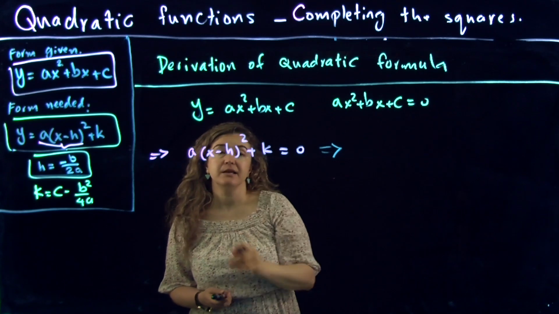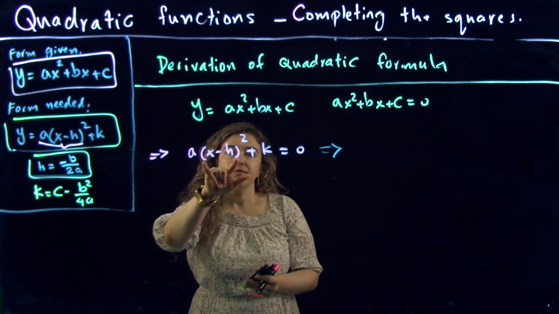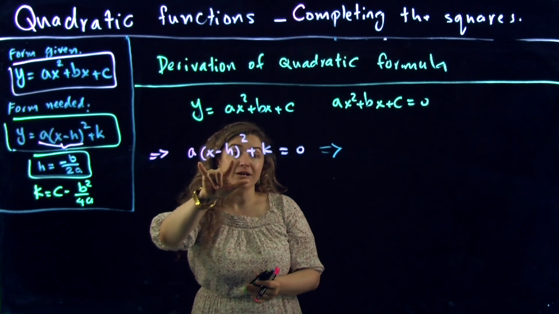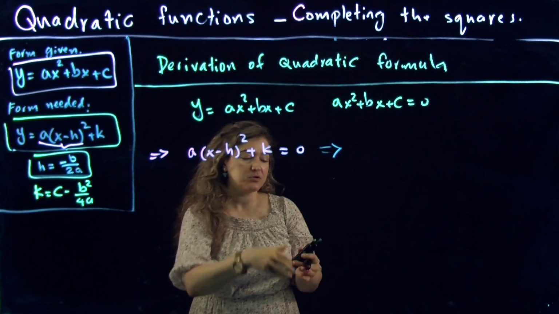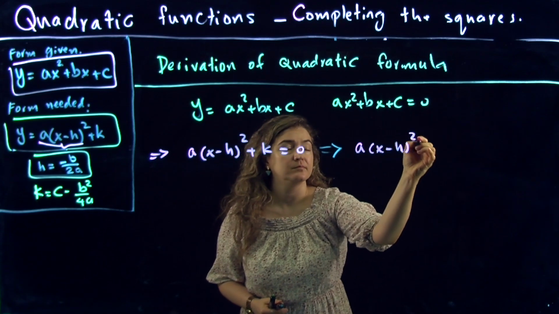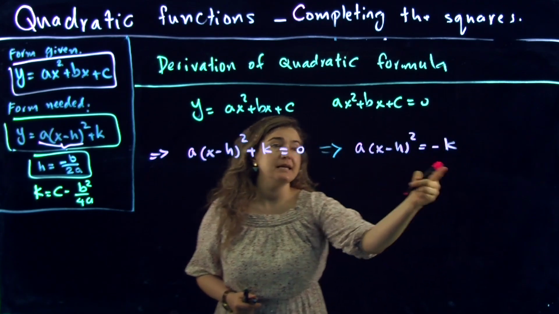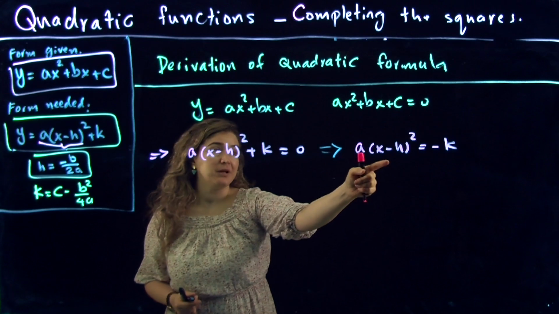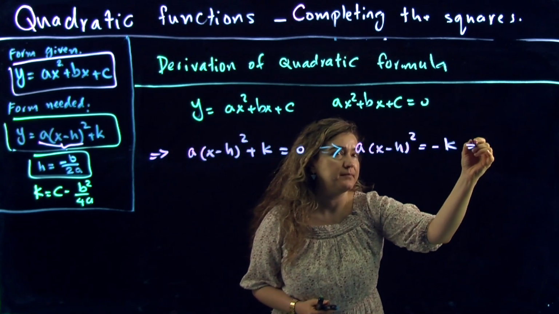So the next step, solving for x. How do I solve for x? First thing is trying to isolate the squared term, so I'm subtracting k. Then divide by what multiplies the term.